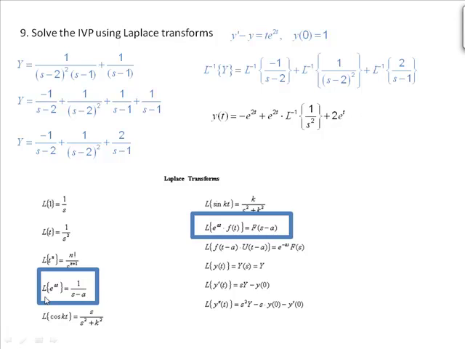Again, using this Laplace of e to the at is 1 over s minus a. So again, inverse transform of 1 over s squared is t. And that's our answer. Y of t equals negative e to the 2t plus t e to the 2t plus 2 e to the t.